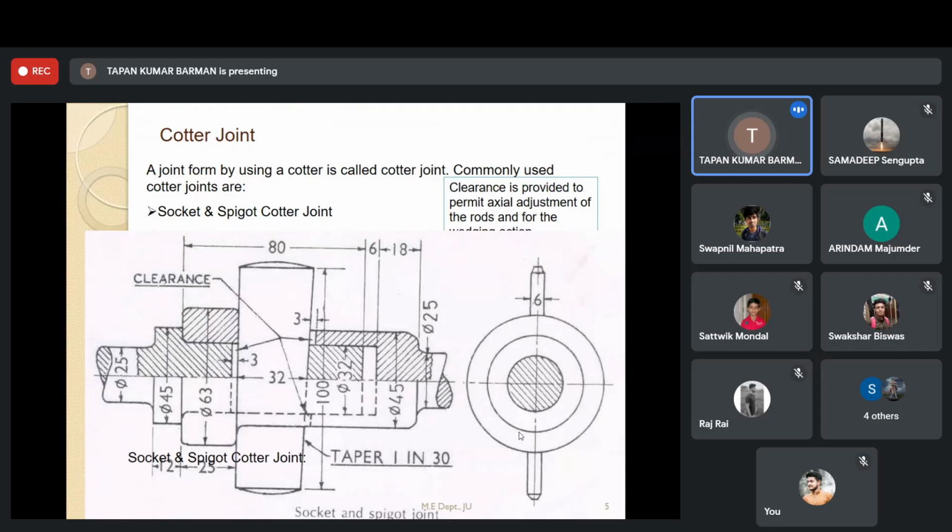But the thing is, when one drawing is given to you, can you read the drawing? Is it possible to read the drawing? From this drawing, can you say how many components are there?